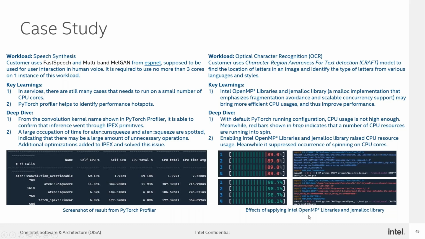Also, if we apply other libraries, like switching GNU OpenMP to IOMP, or applying JEMalloc or TCMalloc, it is also possible to achieve a performance boost compared to the original one.